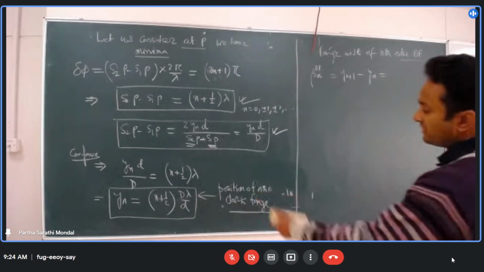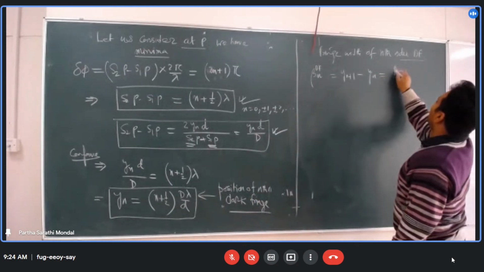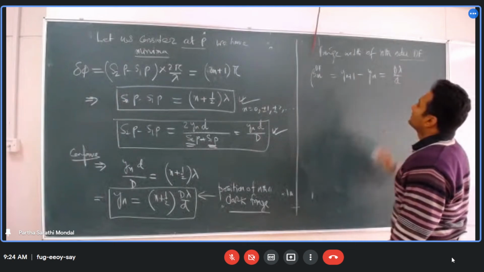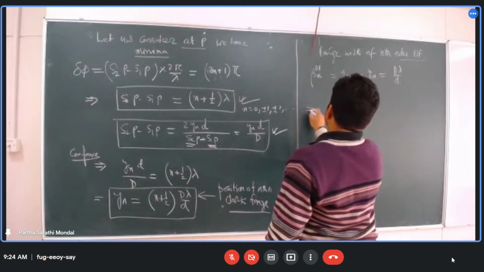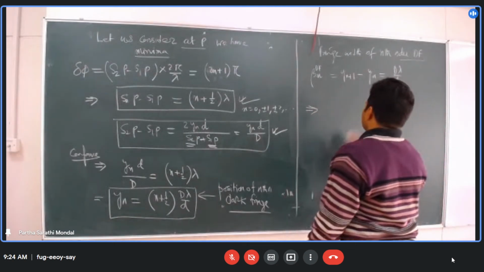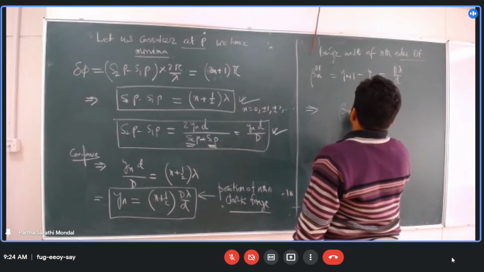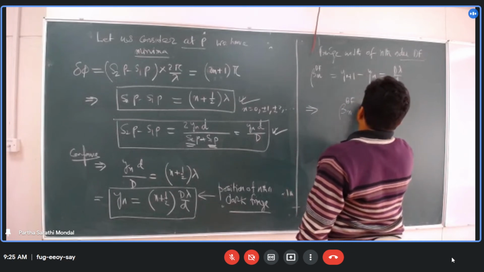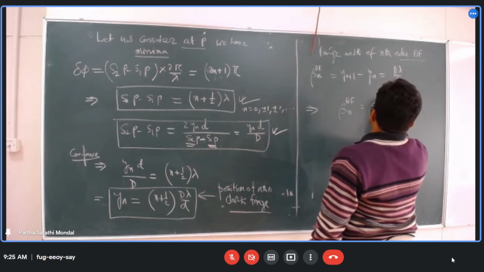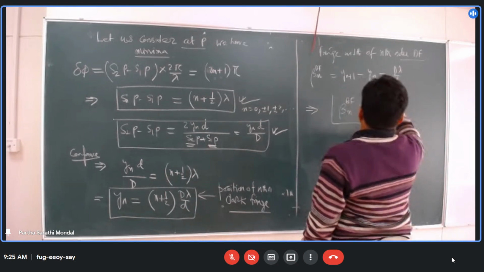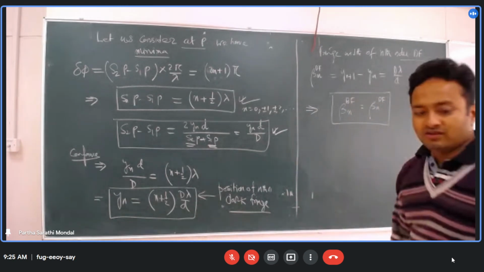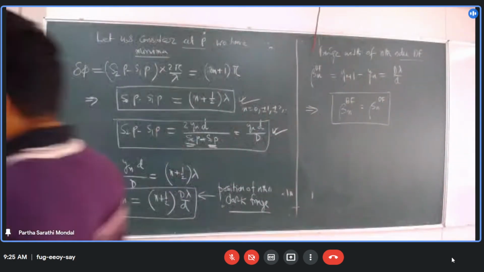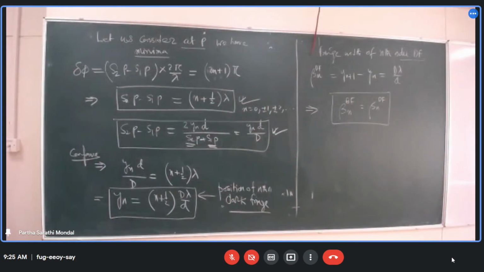That will also give you again lambda D by d. So comparing the two, you will get beta n bright fringe equal to beta n dark. So the fringe width of dark and bright are the same, equal. Okay, what do we have more?